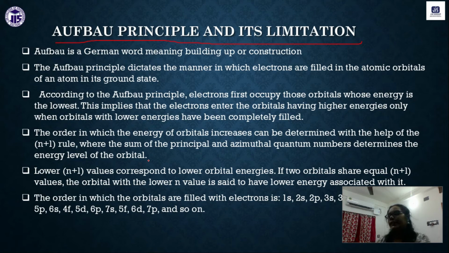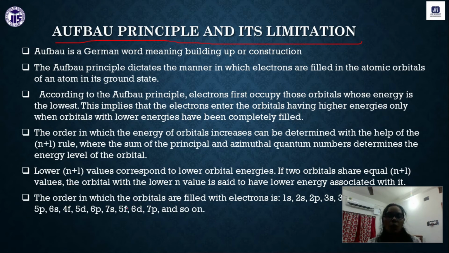According to the Aufbau principle, we can accommodate the electrons in the energy levels. The electrons will first occupy the lowest energy level, then gradually fill up the higher energy levels.